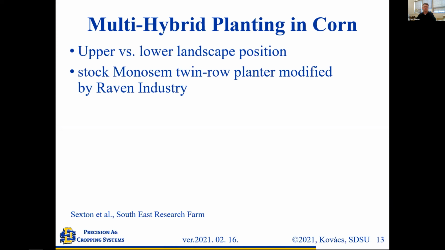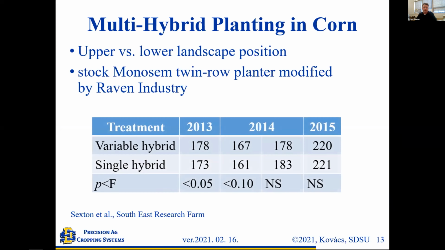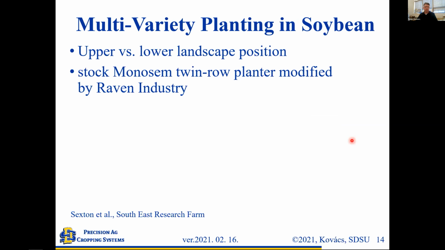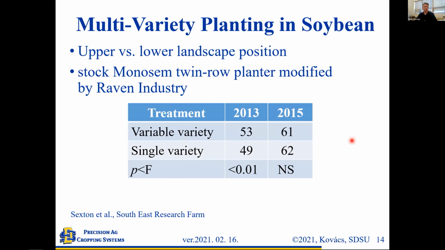So one row was planted with hybrid A, the other row with hybrid B. Besides the different hybrids, they also changed the seeding rate. In some cases, the variable rate technology yielded 5 or 6 bushels better on corn, and in other years there was no significant difference between those technologies. It would be similar for soybean.